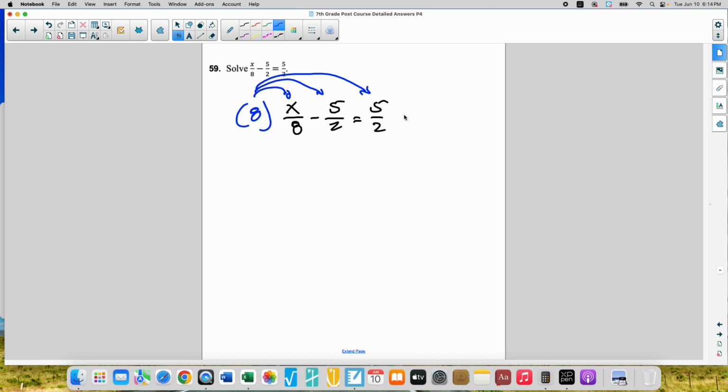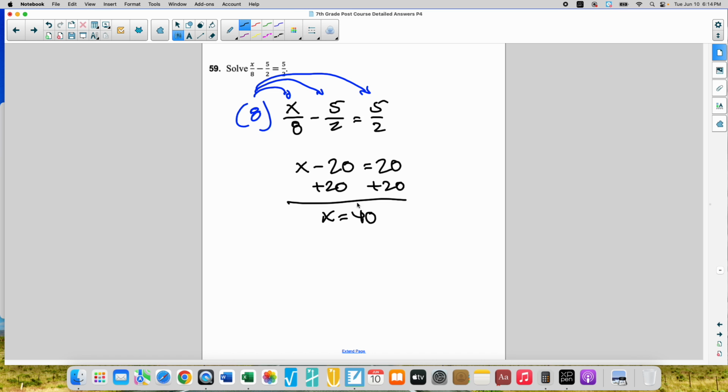That cancels, leaving x. 2 cancels with the 8, giving 4 times 5, which is 20. We add 20, and we get x equals 40. How nice and easy is that?